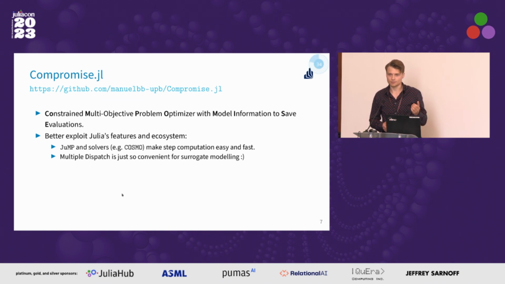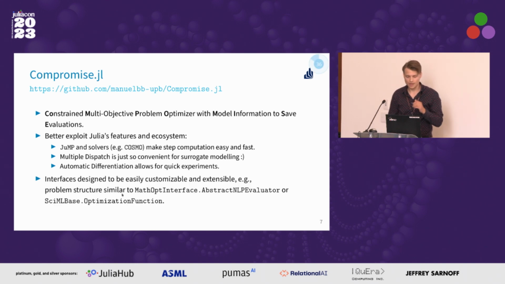Then multiple dispatch is just very well suited for this surrogate modeling stuff, and all these autodiff packages also make it very convenient for us to just do some testing in development. And our interfaces internally are designed so that if the need arises, we can hopefully easily interface with either JuMP or some SciML optimization package.